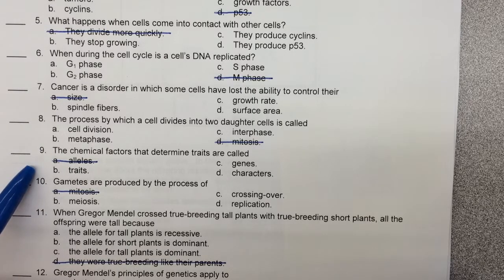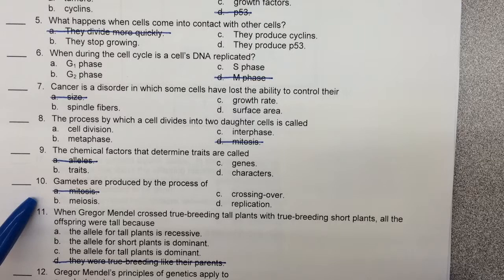Number 9, the chemical factors that determine traits are called traits, genes, or characters. Number 10, gametes are produced by the process of meiosis, crossing over, or replication.